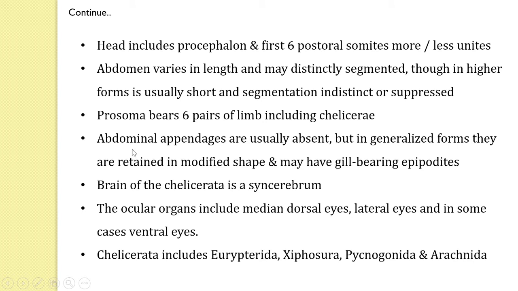Then the telopodite of some of the appendages often contains seven segments instead of six by the interpolation of the patella between the femur and the tibia. So generally the other arthropods are provided with six smaller segments in their legs, but these have seven segments.